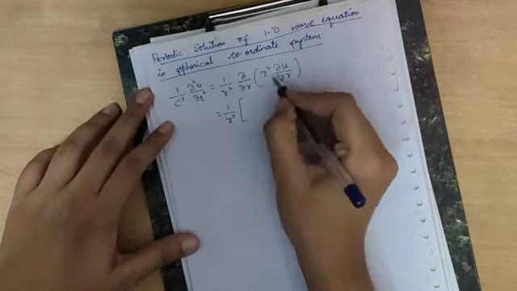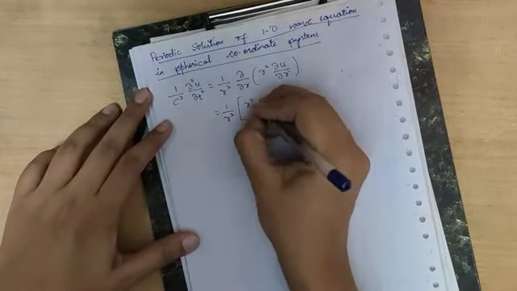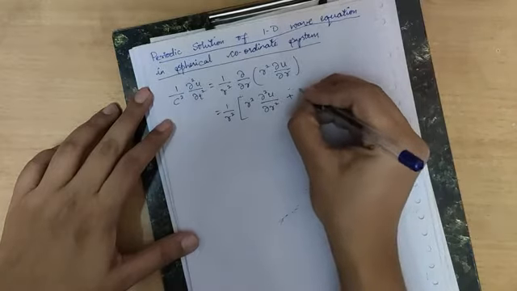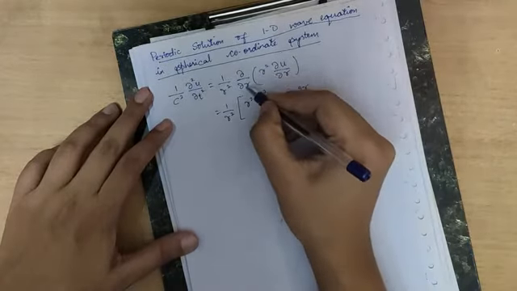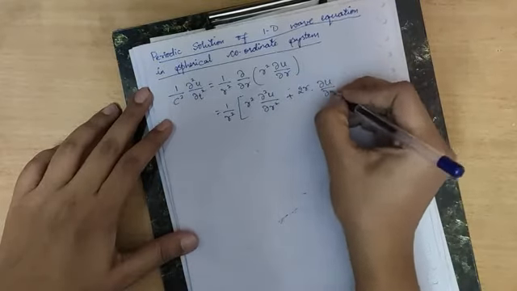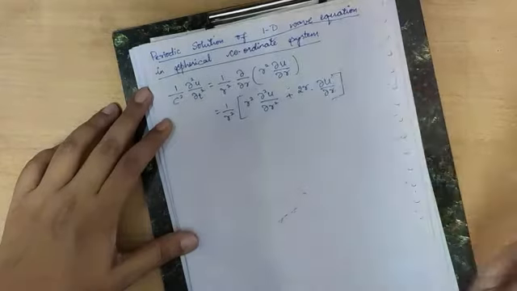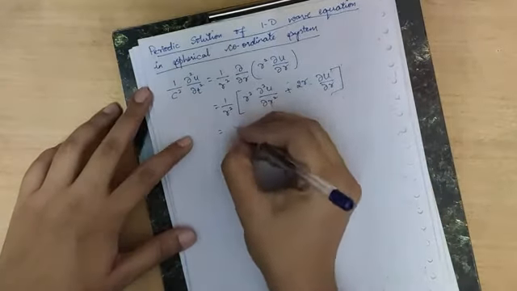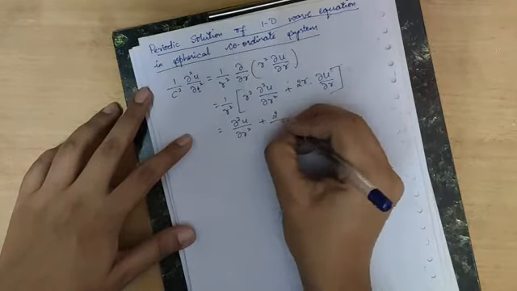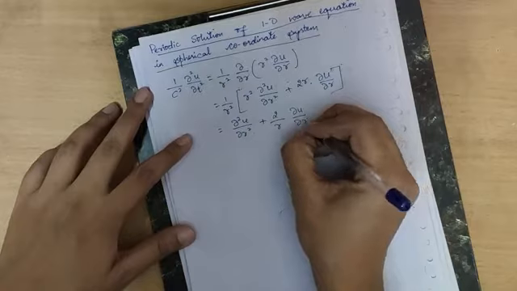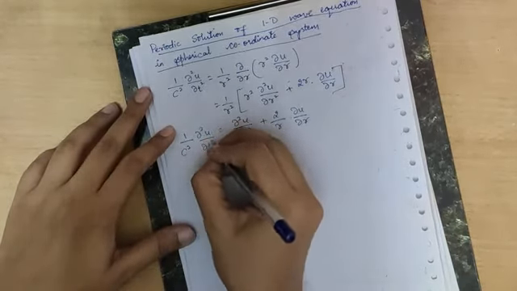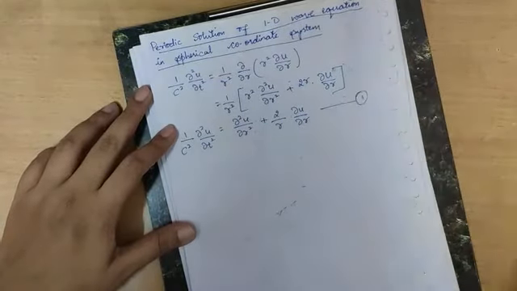If you differentiate these two terms with respect to r, you will get r square into dou square u by dou r square plus 2r into dou u by dou r. Multiply 1 over r square inside, you will get dou square u by dou r square plus 2 by r into dou u by dou r. This is nothing but 1 over c square into dou square u by dou t square. I will call this equation number 1.